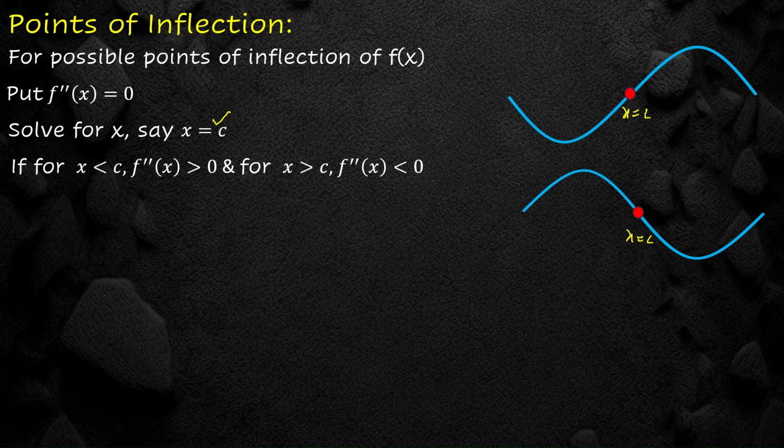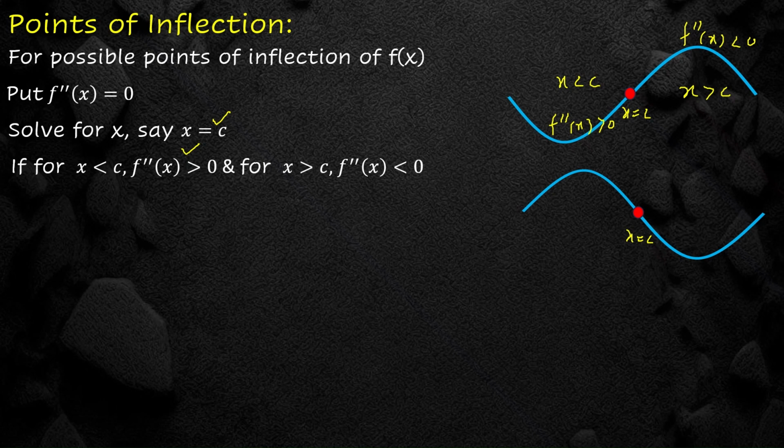Note that before x is equal to c, that is where x is less than c, the curve is concave up, that is its second derivative is positive, and as we move towards right of c, that is the points where x is greater than c, the second derivative is negative, that is the curve is concave down.